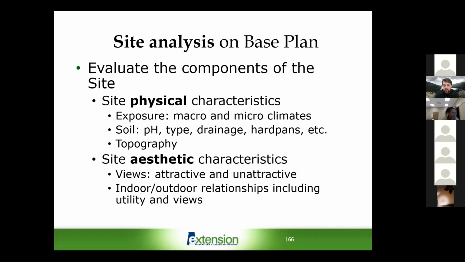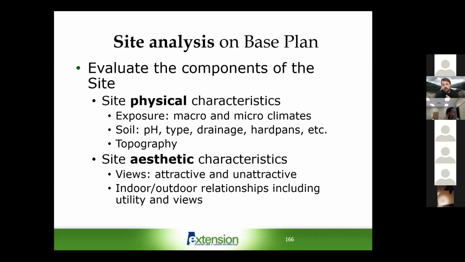And then the other thing not to leave out is the aesthetic characteristics. So, looking out, this view is amazing. I don't really like this view because my neighbor's got chickens and I'm trying to hide that view, or I have chickens and my neighbor doesn't like them, so I'm trying to situate those. The sounds, how it feels in the space.